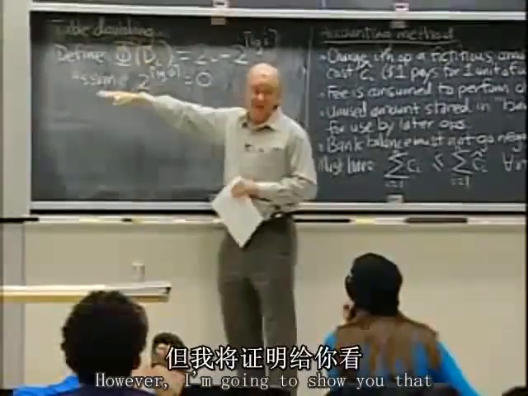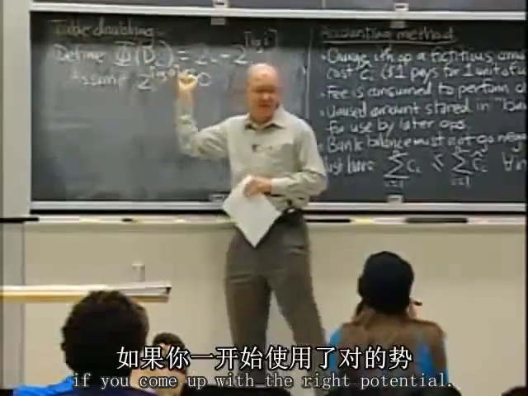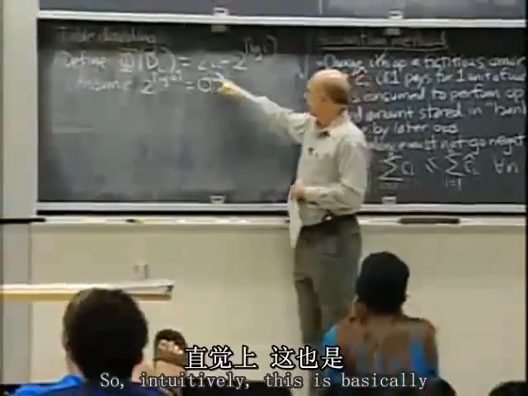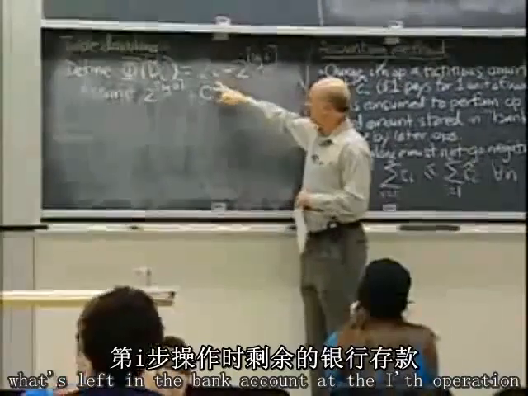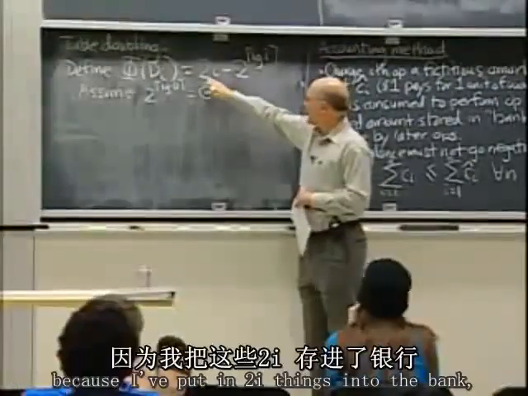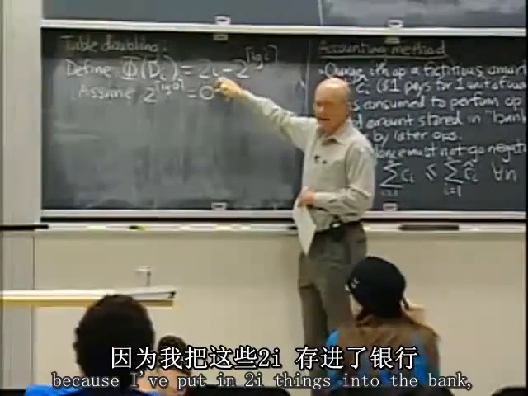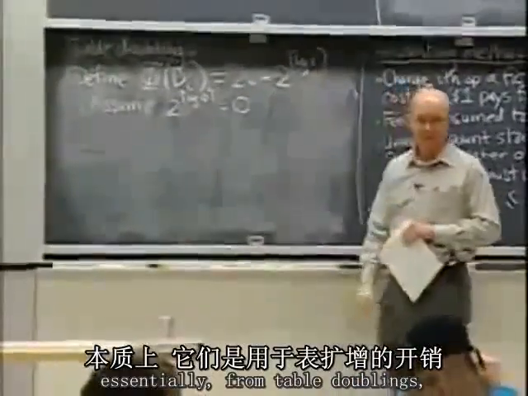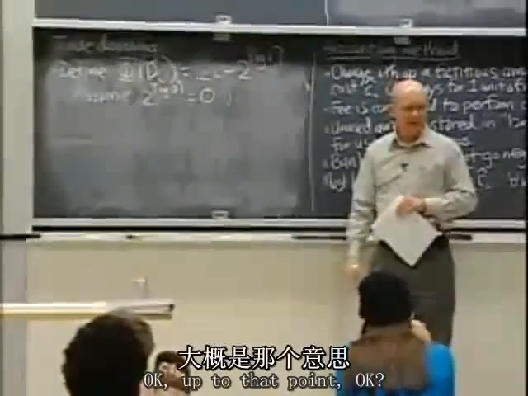However, I'm going to show you that you still can do it with the potential method if you come up with the right potential. Okay? So intuitively, this is basically what's left in the bank account at the ith operation, because I've put in 2i things into the bank, and I've subtracted out this many, essentially, from table doublings. Okay, up to that point.